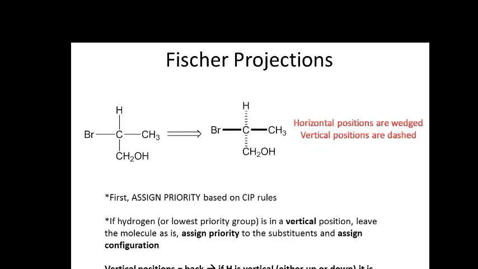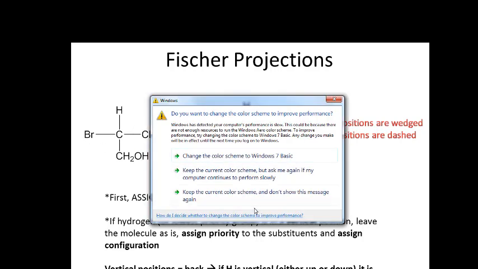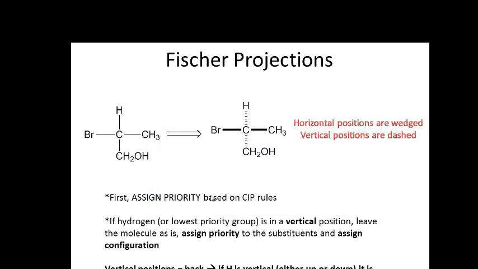All right, so basically a Fischer projection, you can see here, we know that carbon is a tetrahedron, and so the Fischer projection is basically looking at the carbon from the top, right? It's like if you were holding this molecule in your hand, it would be like looking at carbon from the top.